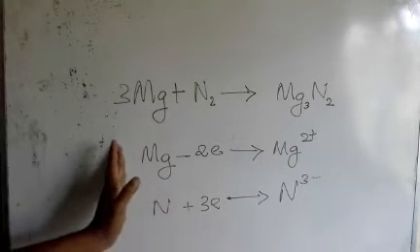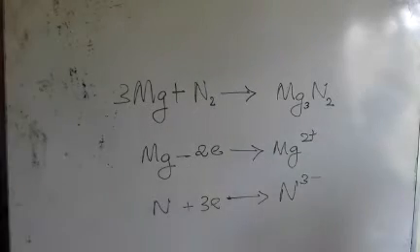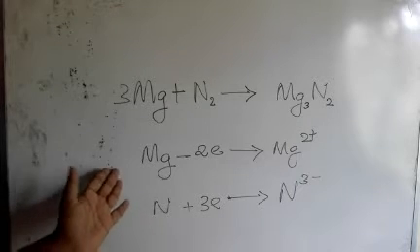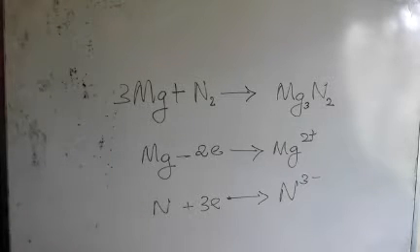Anyhow, here the half reactions are clear. You can see the half reactions, and now we have to balance these half reactions. Now in that sodium chloride one, the half reaction is not to be balanced because already that is balanced. Sodium removes 1 electron and chlorine gains 1 electron. So nothing to be balanced.